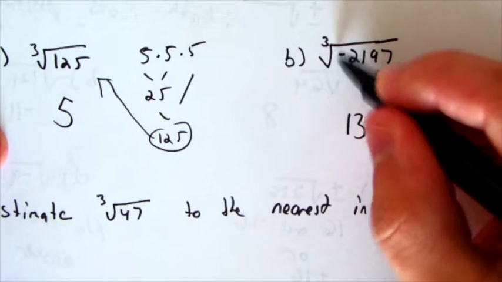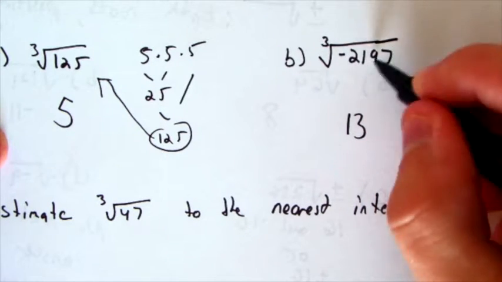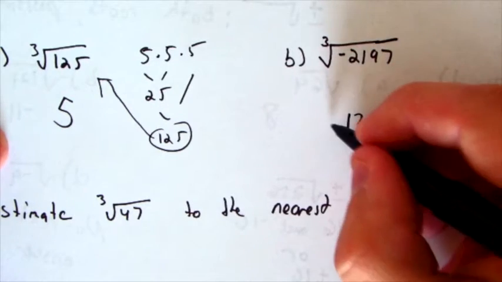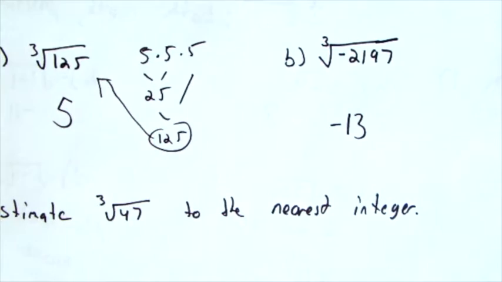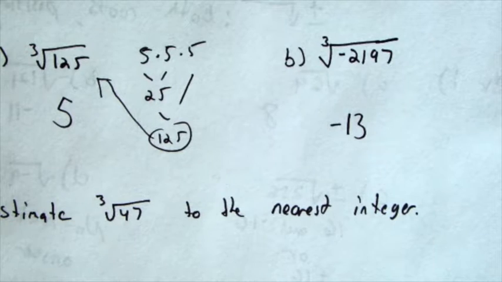Now, because the number underneath the radical sign, which is actually called the radicand, is negative, my root is negative. And if I were to check this, negative 13 times negative 13 is 169, and then times negative 13 again is 2,197. It would be negative.